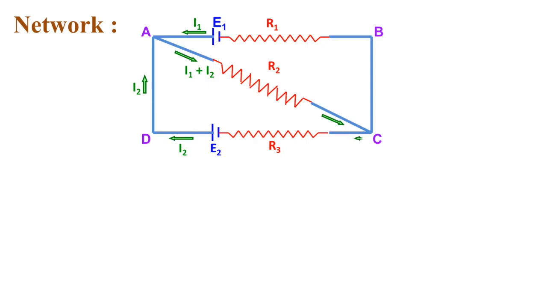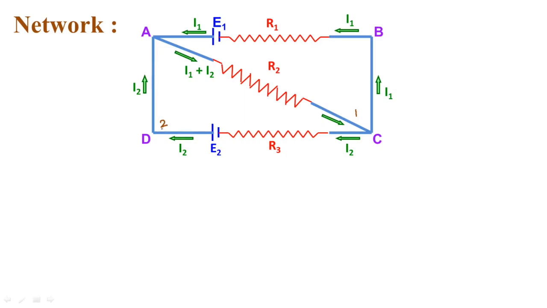From junction C, current I2 through resistance R3 returns back to source E2 and current I1 through R1 to source E1. In this network, ABCA and ACDA, two loops, loop 1 and loop 2, we are observing.